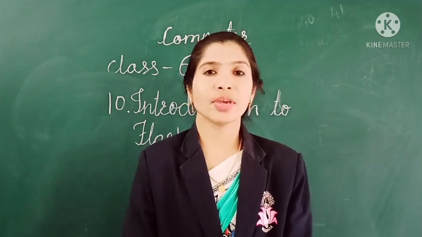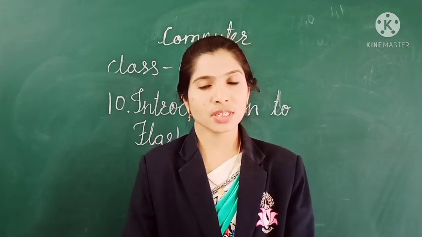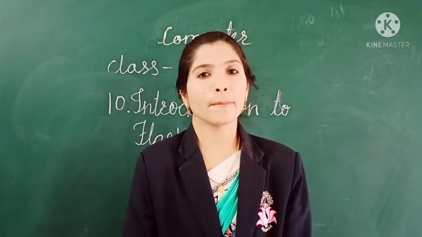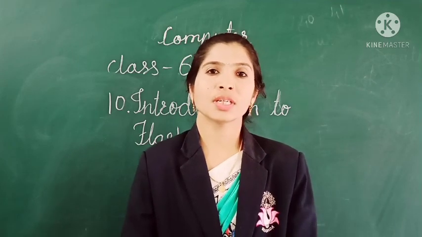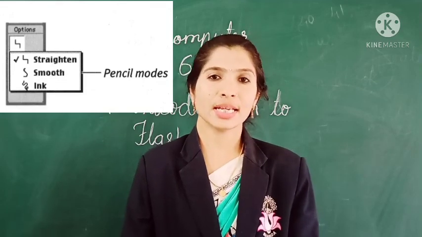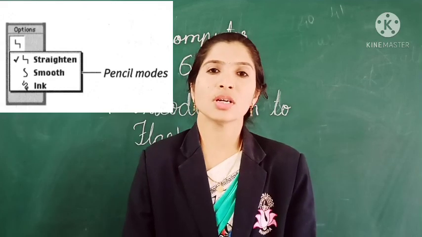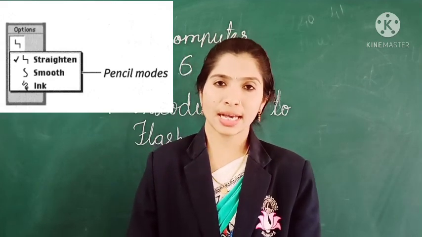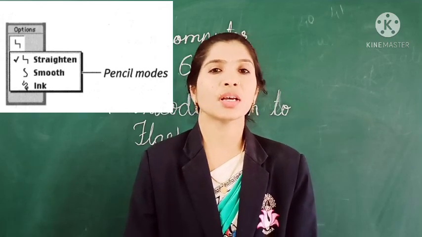First we have to click on the pencil tool, and then from the mode section you can select different modes of the pencil. If you want a straight line, then you can use straighten.